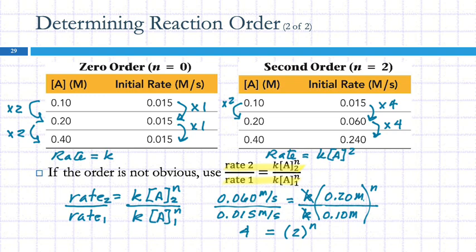So what's the exponent? 2, because 4 is equal to 2 squared. Okay? We'll do somewhere we have to do some other things, but we'll just leave it simple for now. Questions?